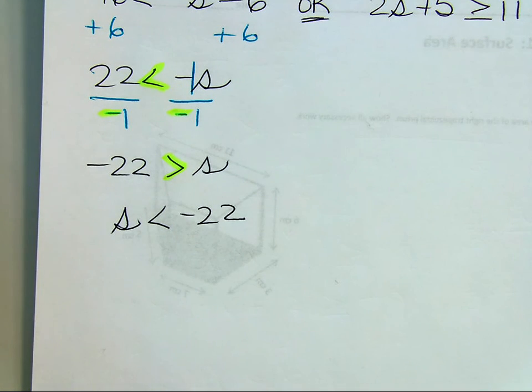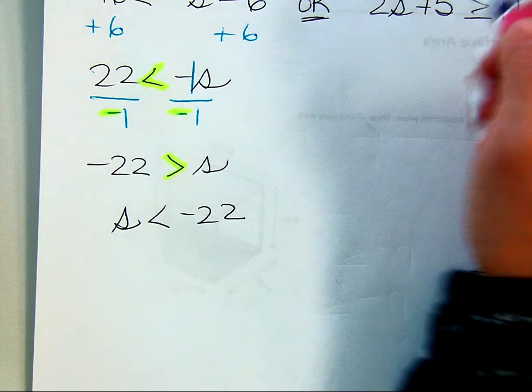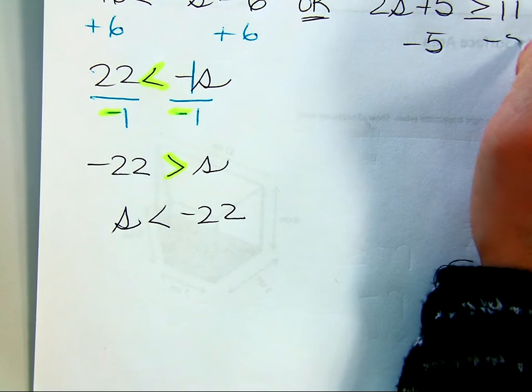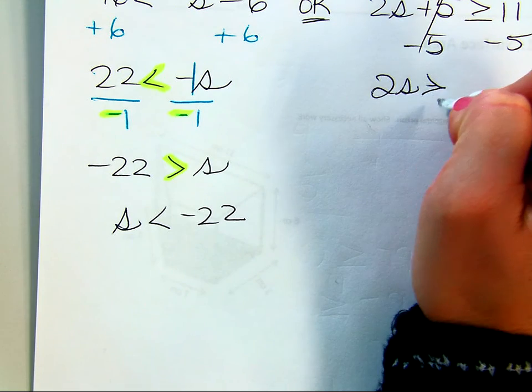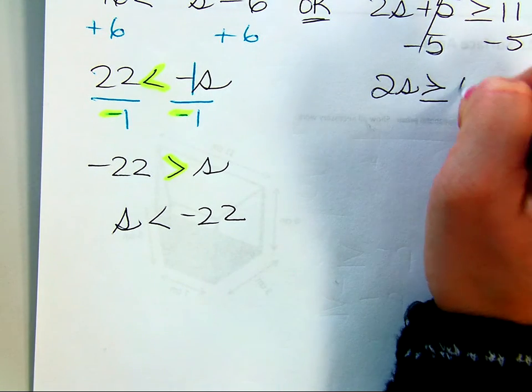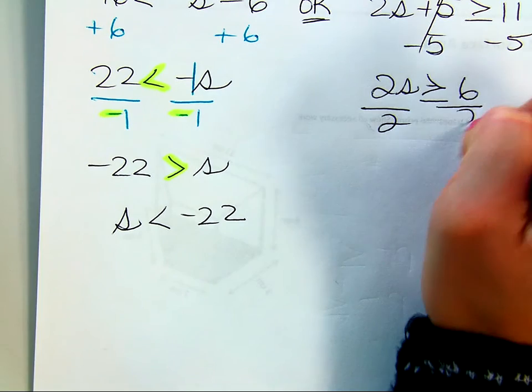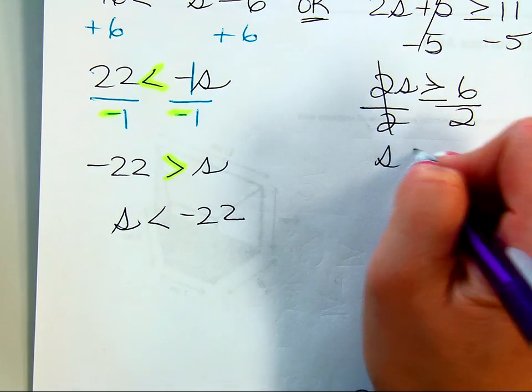But it did, because this s switched. Okay, I'm not done yet. That was only part 1 of the problem. Subtract 5. 2s is greater than or equal to 6. Dividing by a positive, not switching anything.